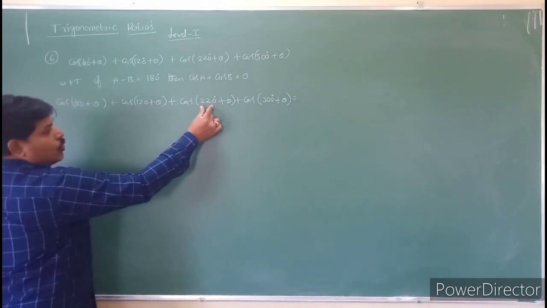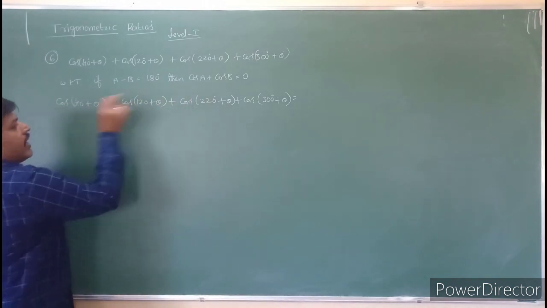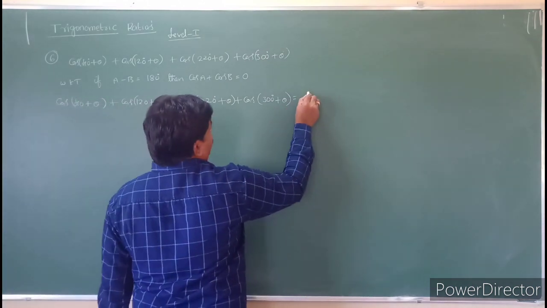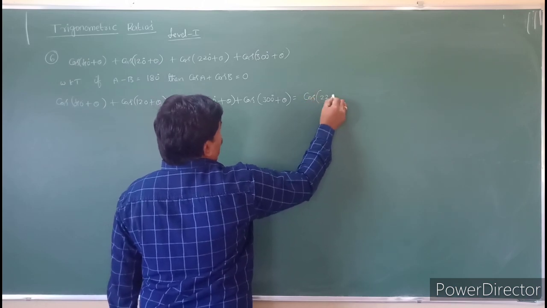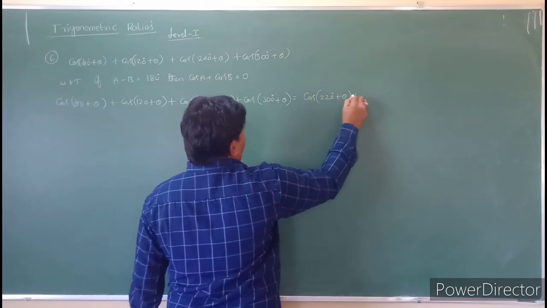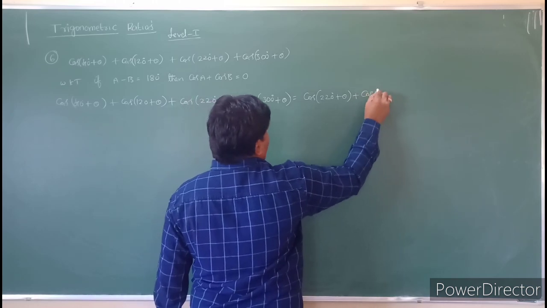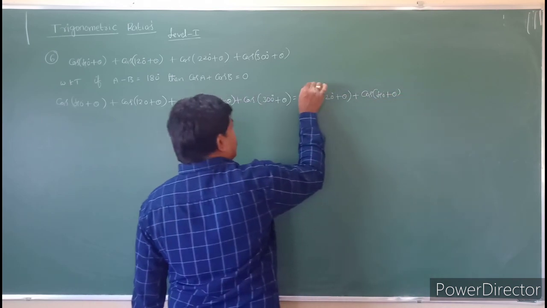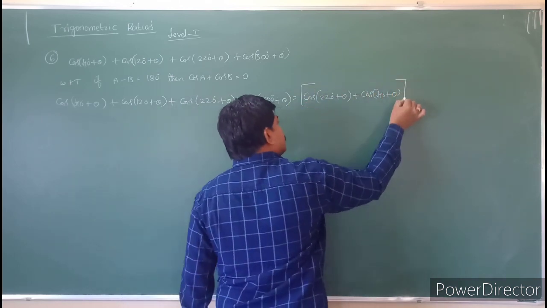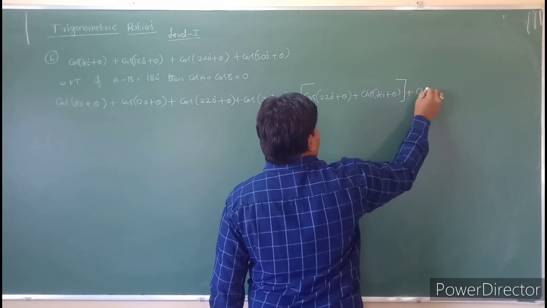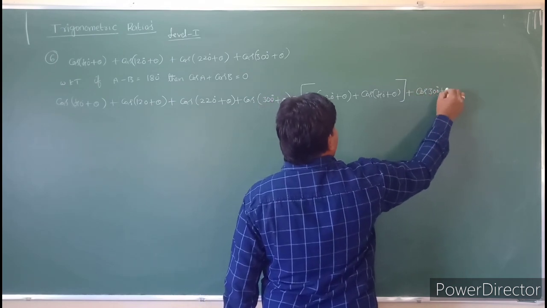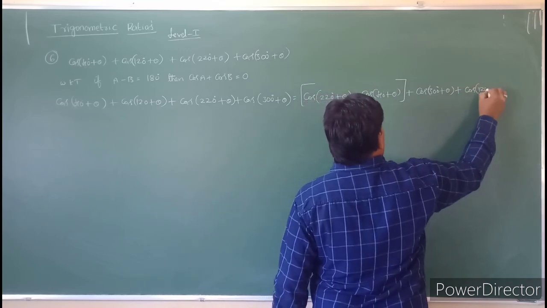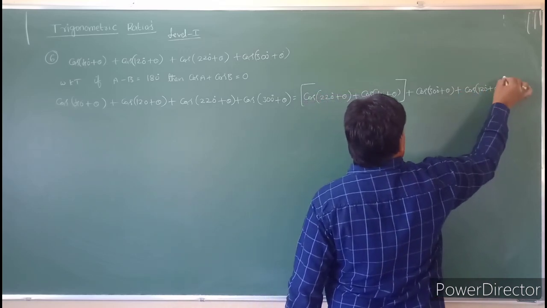See students, 220 minus 40 is 180. Yes or no? So the pairs we take: cos of 220 degrees plus theta plus cos of 40 degrees plus theta. This is one pair. The next pair is cos of 300 degrees plus theta plus cos of 120 degrees plus theta.